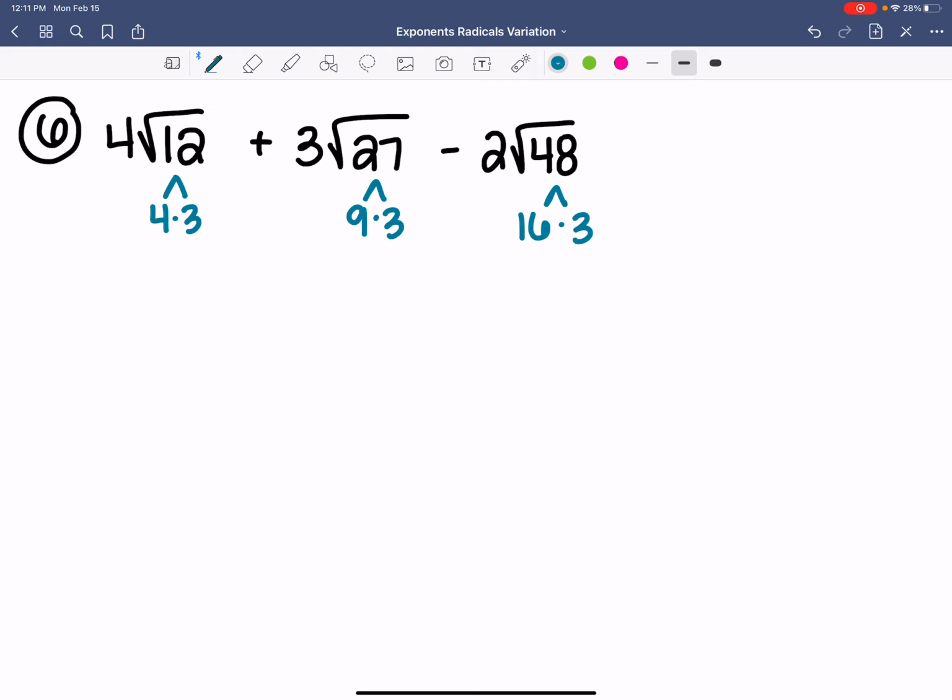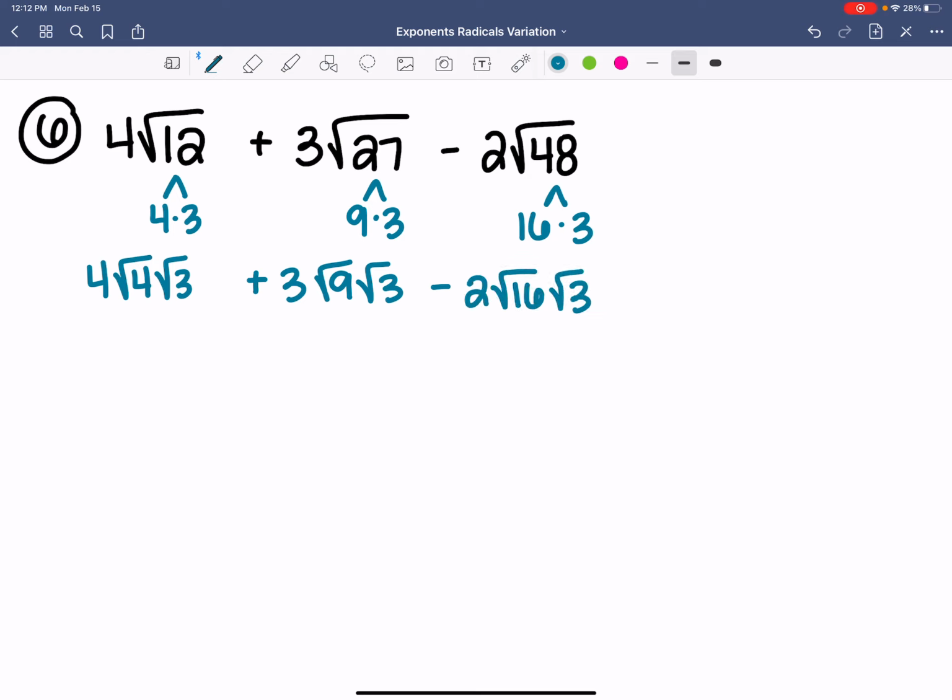And now we're just going to rewrite all of these radicals as radicals of each factor. So this is going to be 4, square root 4, square root 3, plus 3, square root 9, square root 3, minus 2, square root 16, square root 3. Okay, our next step is to simplify that perfect square. So that's 4, and the square root of 4 is 2, square root of 3.